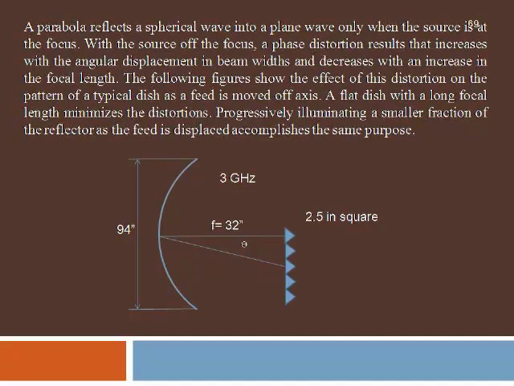So the following figures show the effect of this distortion on the pattern of a typical dish as a feed is moved off axis. A flat dish with a long focal length minimizes the distortions. Progressively illuminating a smaller fraction of the reflector as the feed is displaced accomplishes the same purpose.